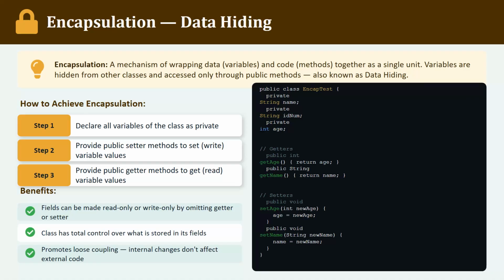So what are the benefits of using encapsulation? That is very important, and it's very important for you to note that. Number one is that fields can be made read-only or write-only by omitting the getter or setter.